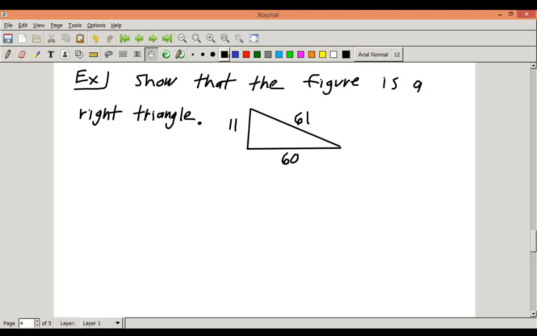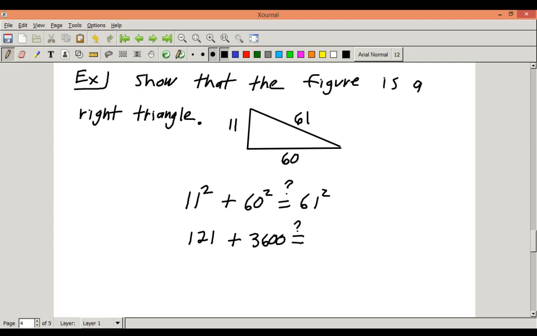So the Pythagorean theorem says if you take 11 squared plus 60 squared, does that equal, question mark, 61 squared? We can check it out. So 11 squared is 121. 60 squared is 3,600.